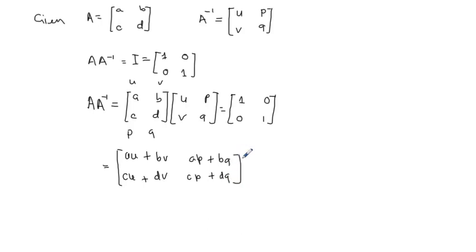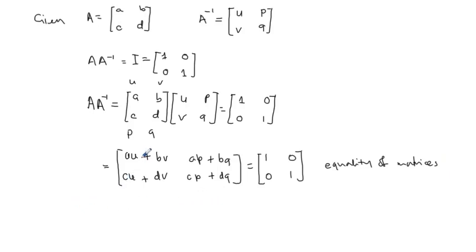Then immediately we appeal to the equality of matrices. We say they're equal if corresponding elements are equal. So what do you see? This element here is in row 1, first column, so this is (1,1), and this is also (1,1). So we have AU plus BV equals 1.